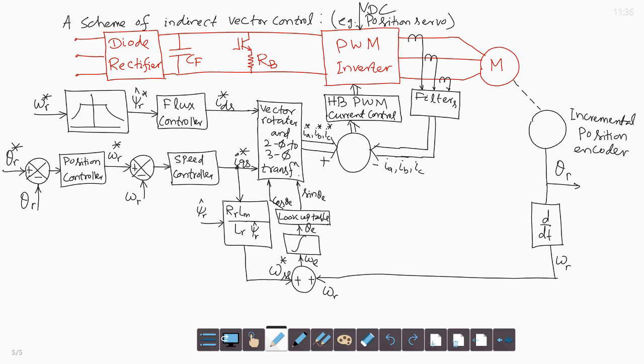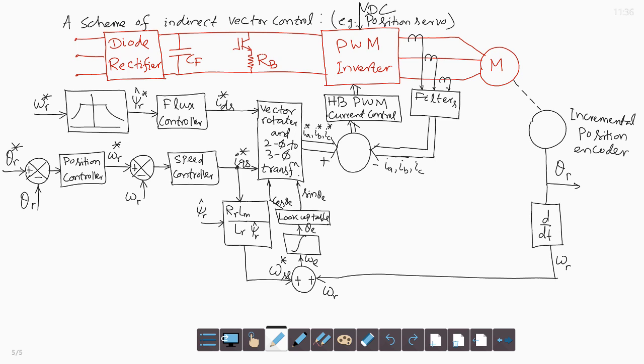First thing is, because it is a position servo, position command is there and actual position is taken as feedback, and the position controller generates the speed command. Speed feedback is obtained from the position information, and the speed error goes through a speed controller which generates the torque component of the current, the command value IQ star.